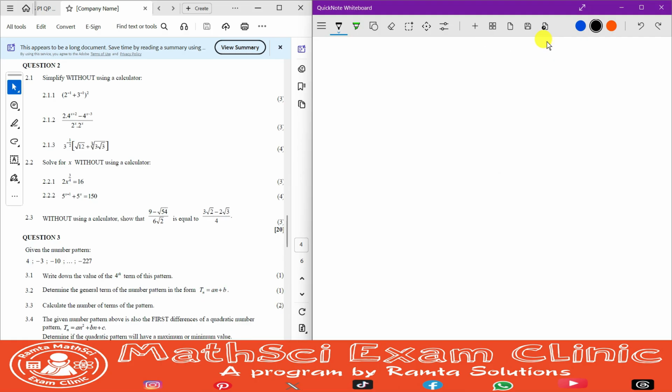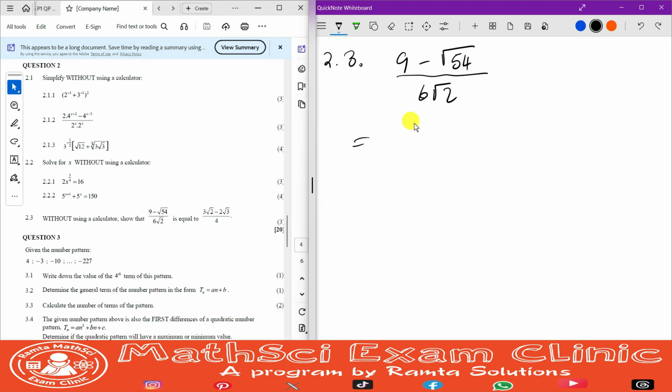All right, let's go to the last question. 2.3 says, without using a calculator, show that 9 minus square root of 54 over 6 root 2 is equal to 3 root 2 minus 2 root 3 all over 4. Cool.